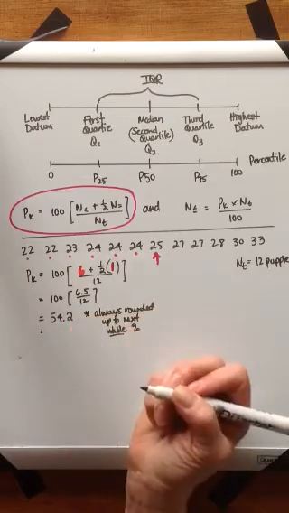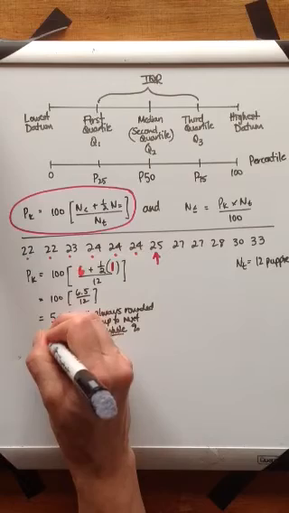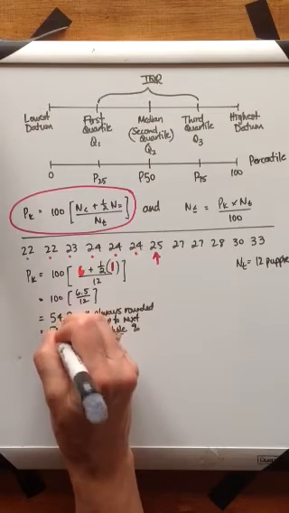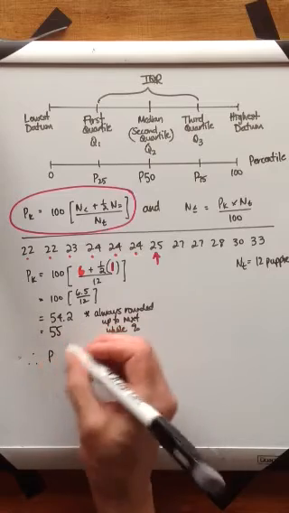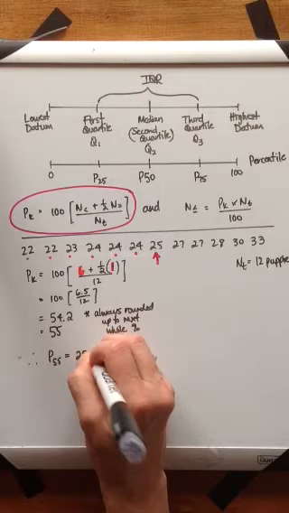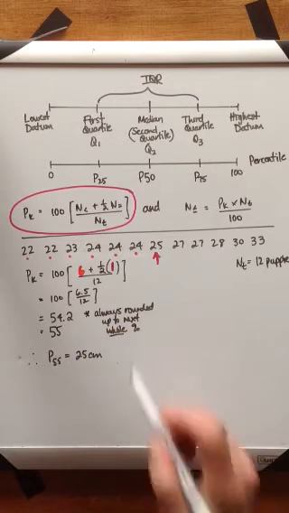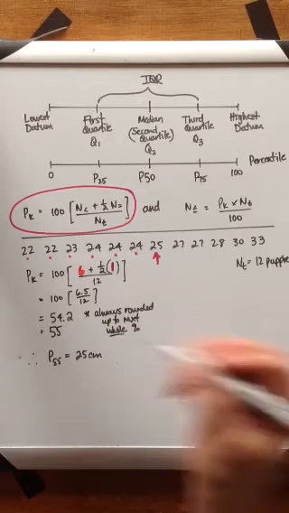So 54.2 doesn't round down to 54. It's going to round up to 55. Okay, so therefore we can say that the percentile rank at 55 is equal to a puppy that is 25 centimeters long. Okay, and that goes along with our prediction that we had before we performed the calculation.